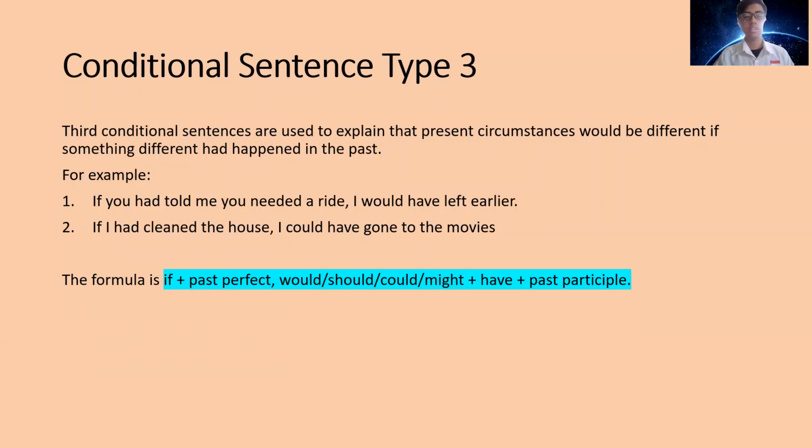And the second is if I had cleaned the house, I could have gone to the movies. But the fact is I haven't cleaned the house, and I didn't go to the movies. So the formula is if plus past perfect, comma, would or should or could or might plus have plus past participle.